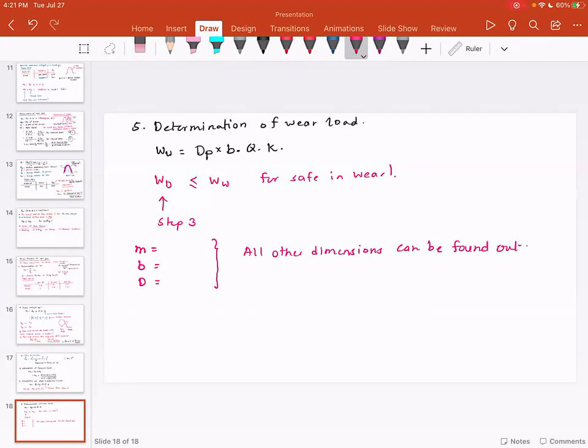Once you find the dimensions for gear, all the dimensions except the diameter would be the same for the pinion. Module is going to be the same, the face width is going to be the same, the addendum is going to be the same, dedendum is going to be the same. And then you can start sketching the gear pair.